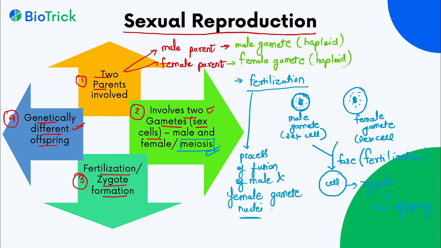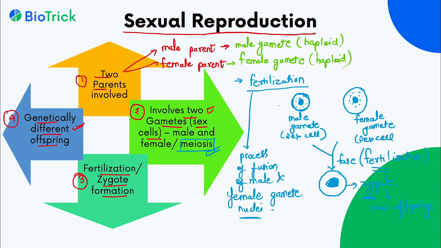Why are we writing nuclei here? Because the male gamete has its own nucleus and the female gamete has its own nucleus. When the fusion occurs, the nuclei of both these cells fuse to form a completely new nucleus in the zygote. And this fusion of male and female gamete nuclei is called fertilization.